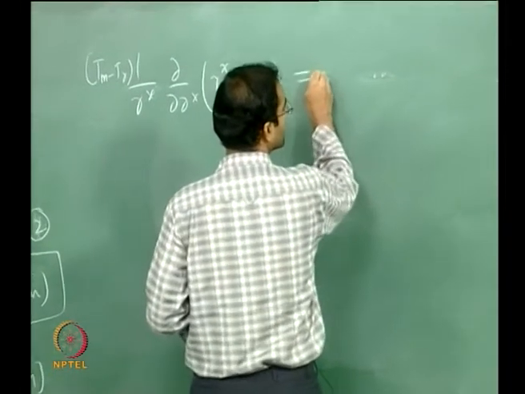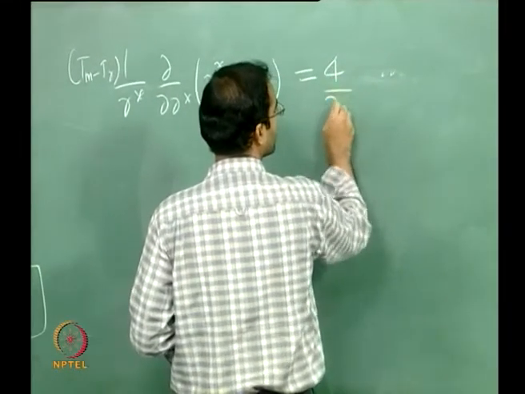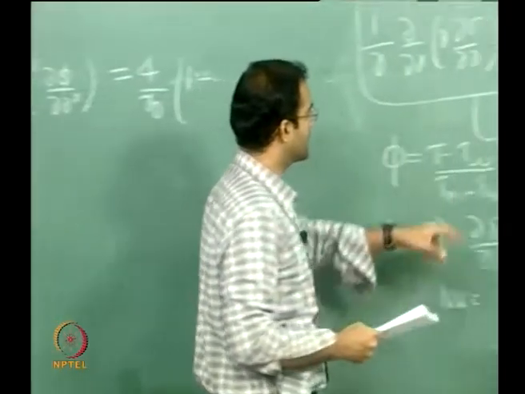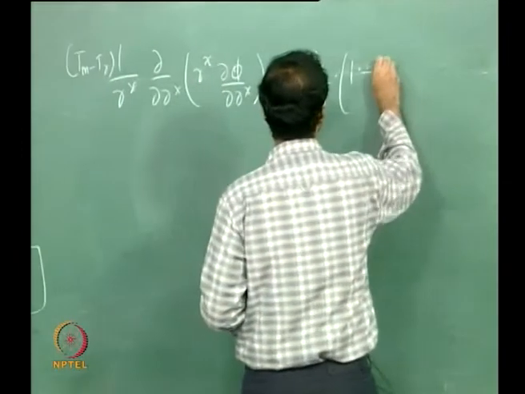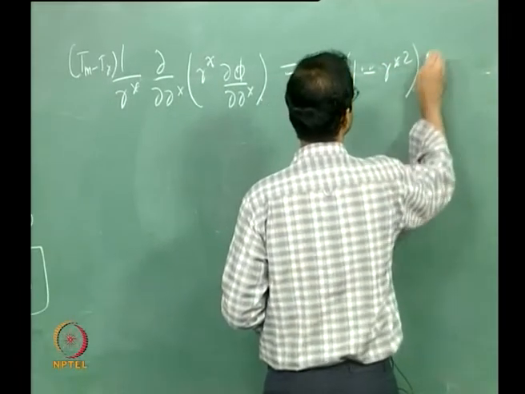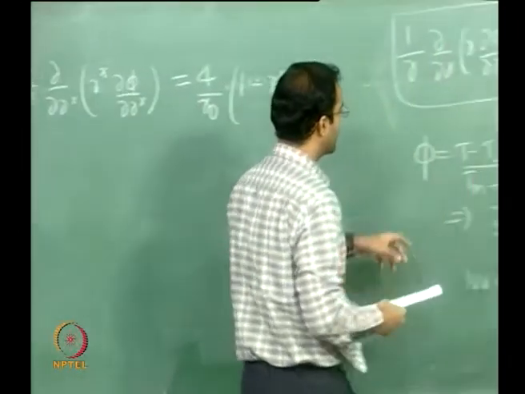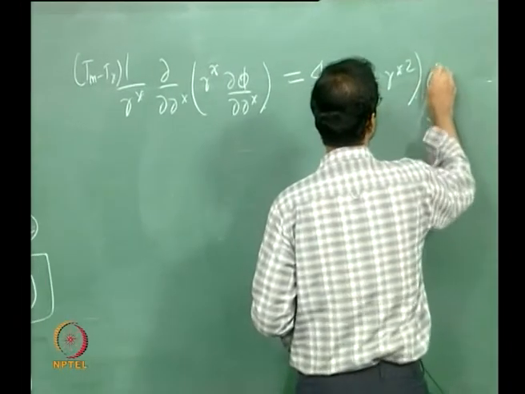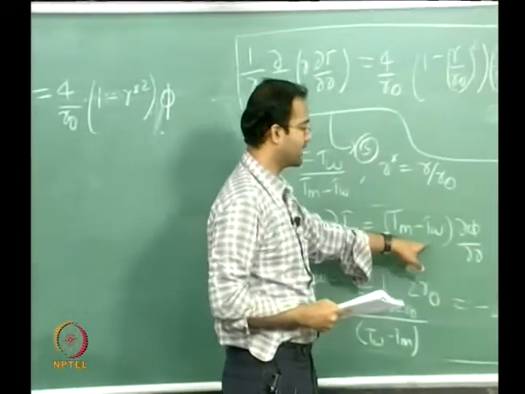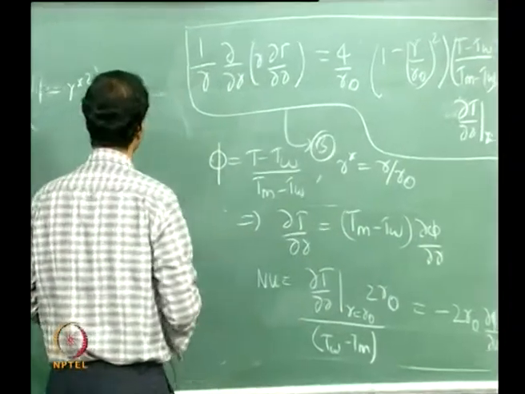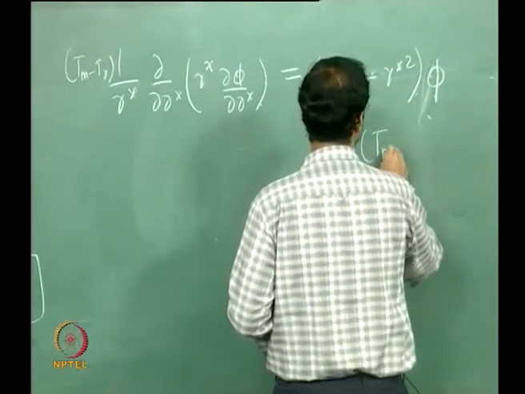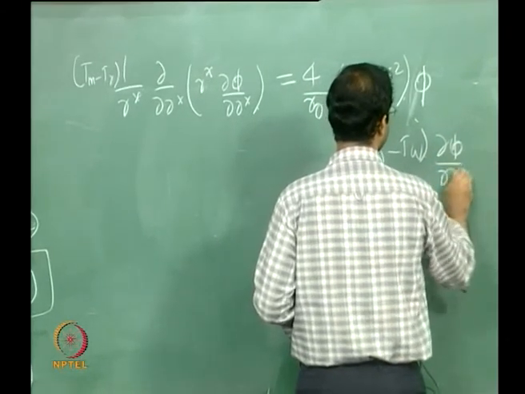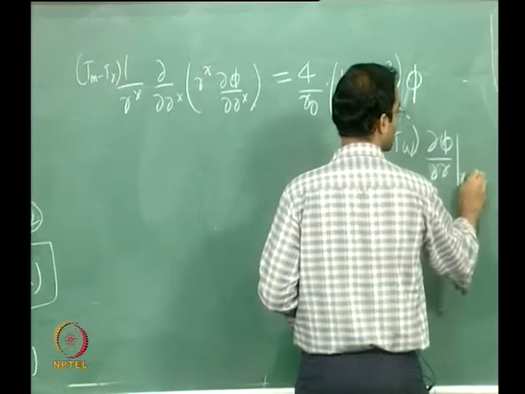This should be equal to 4 by r naught into 1 minus r by r naught, which is r star, squared, times phi, and dT by dr is again Tm minus Twall into d phi by dr at r equal to r naught.